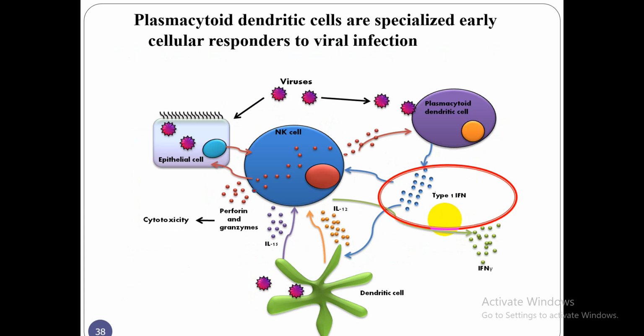The second category of dendritic cells are plasmacytoid dendritic cells.